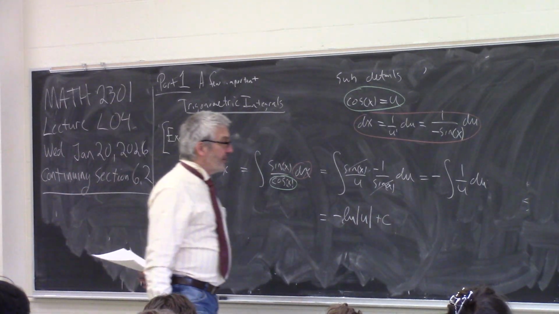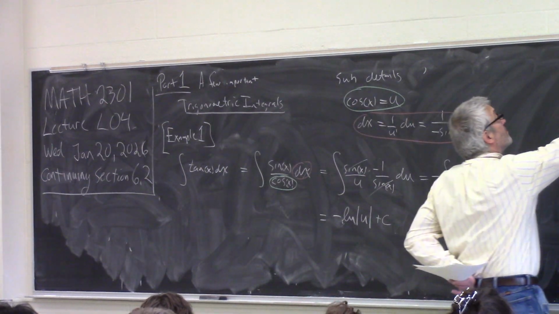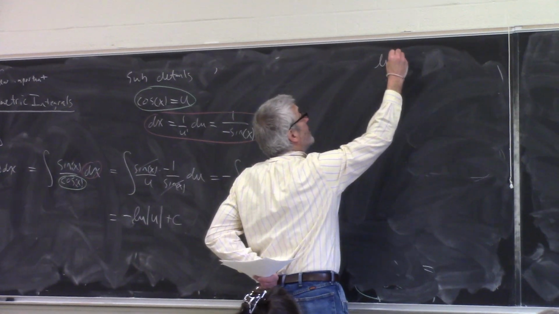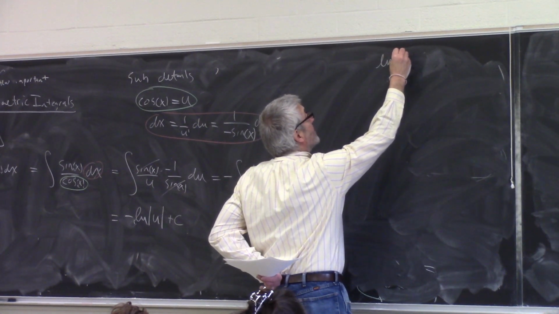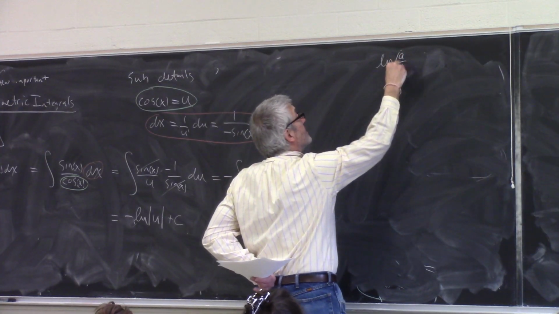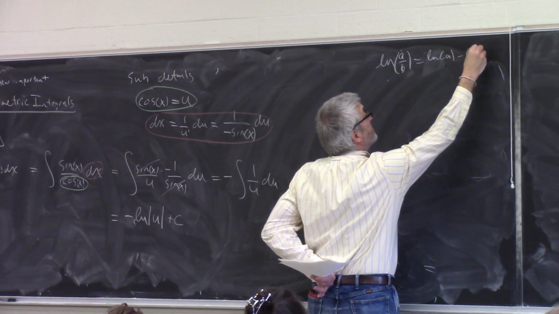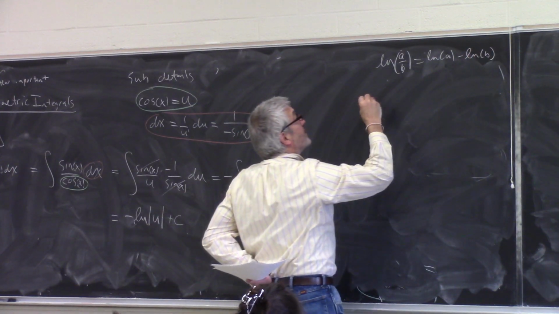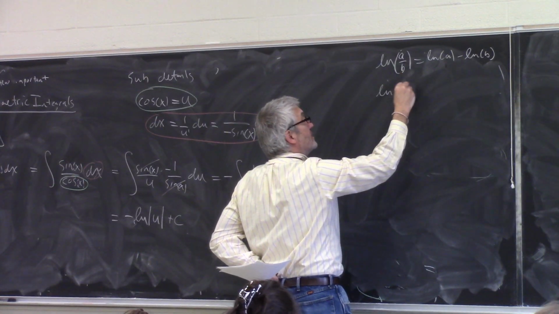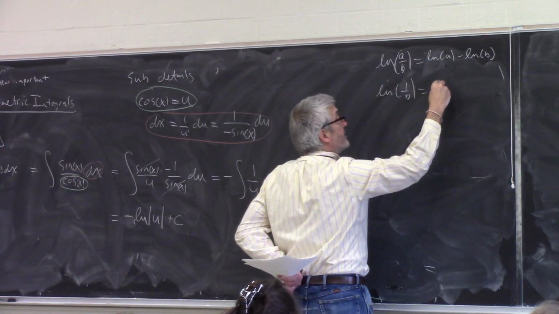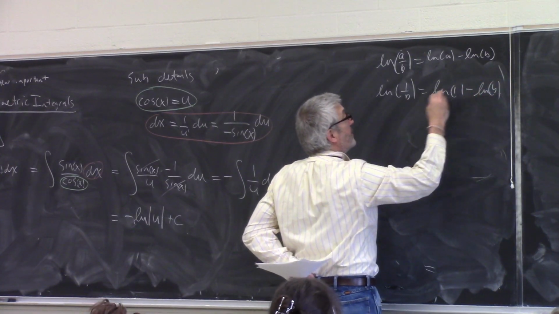And remember, review, ln of a over b is ln of a minus ln of b. So in particular, ln of 1 over b is ln of 1 minus ln of b, but ln of 1 is 0.